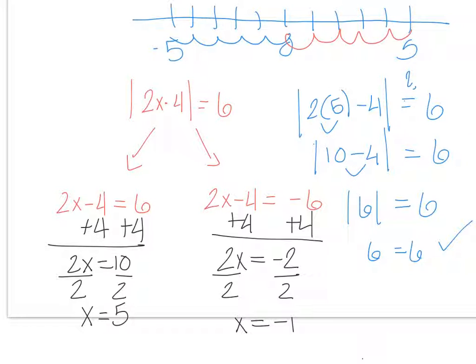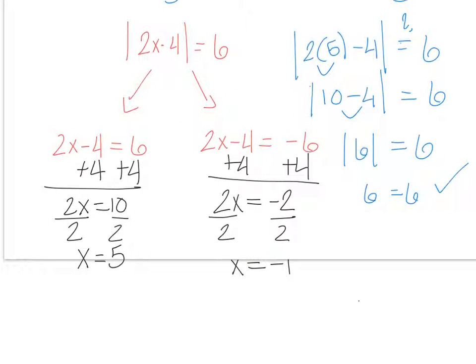Well, I also think negative 1 is a solution. So I'm going to plug negative 1 in for x right here. And I'm going to see if all of this is also equal to 6. So I'll take my original problem, which is the absolute value of 2 times x, but I think x is negative 1 now, minus 4 is equal to 6. And again, this is like a question mark. Will it be equal to 6?